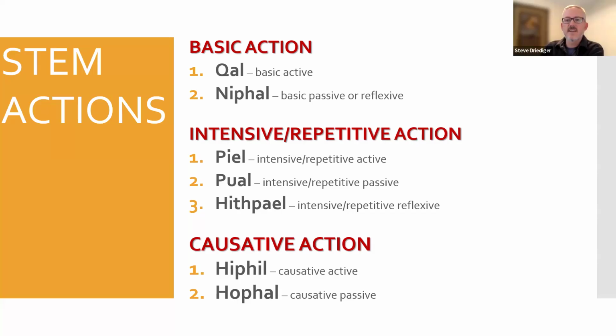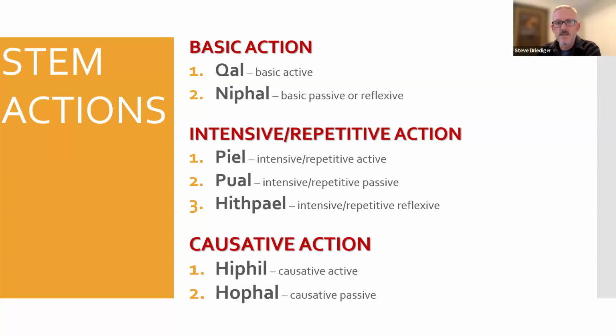So in the Qal stem, we have a simple active voice. In the Niphal, we have a basic passive, or sometimes reflexive action. So if we're going to stick with our verb qatal, he kills. In the Qal, it's he kills.